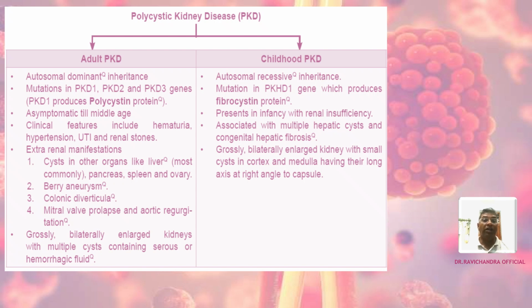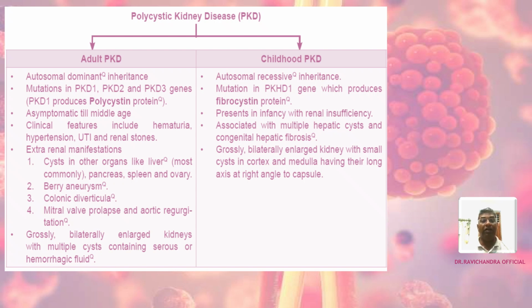So, this is a chart differentiating between adult and childhood polycystic kidney disease, the two forms. One is the adult form and the other is the childhood or infantile form. Adult form is autosomal dominant, childhood form is autosomal recessive.